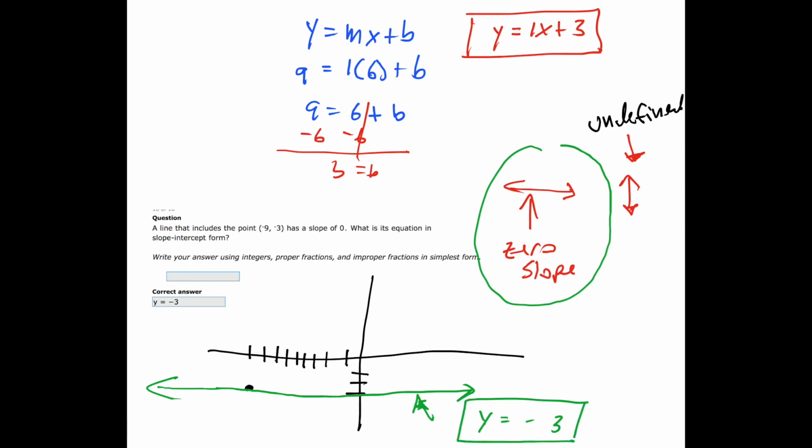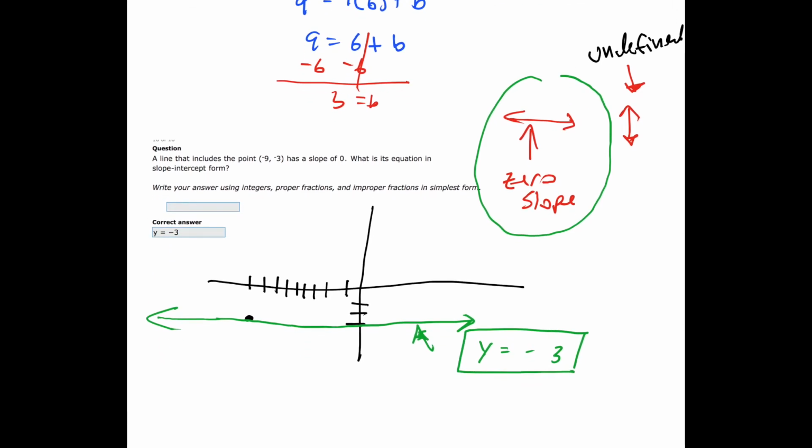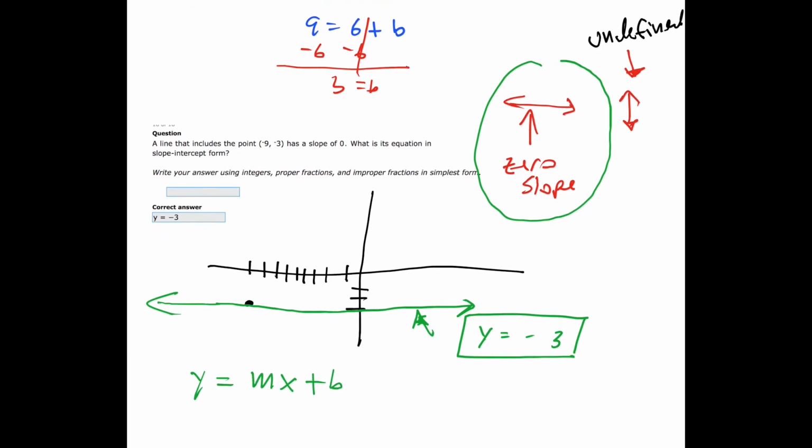But if you wanted to, you say, all right, y equals mx plus b, and you know the slope is 0, so you put your 0 right here. Then what did you put for y? And what did you put for x? -9.